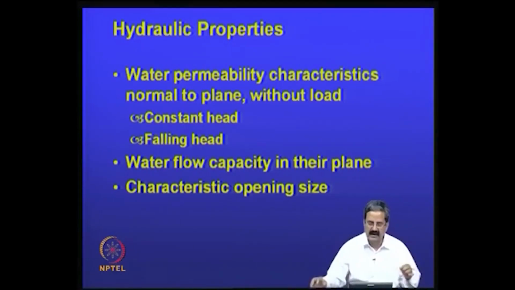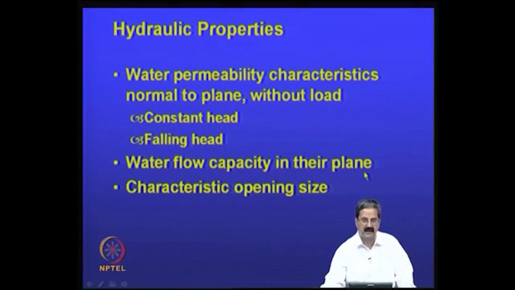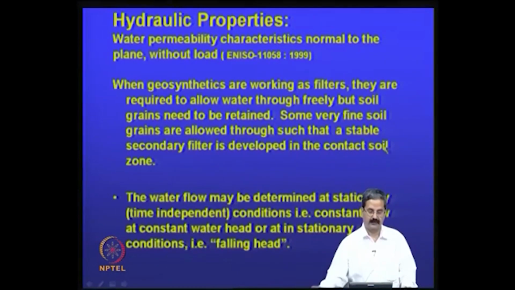So the characteristic opening size of the geotextile or geofilter is very important there. Then water flow capacity, how much water it can take, its drainage capacity, is another important variable. Some of these things should be known very well so that you can design it properly.